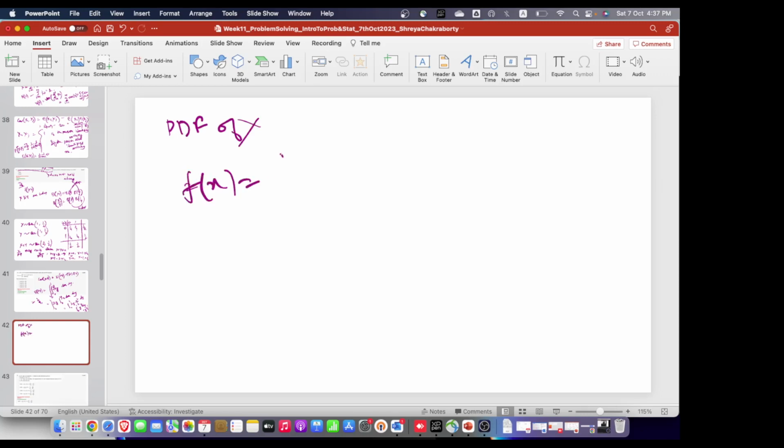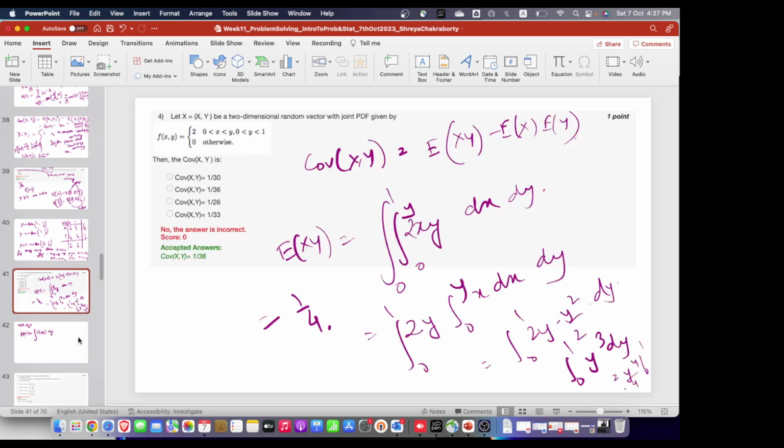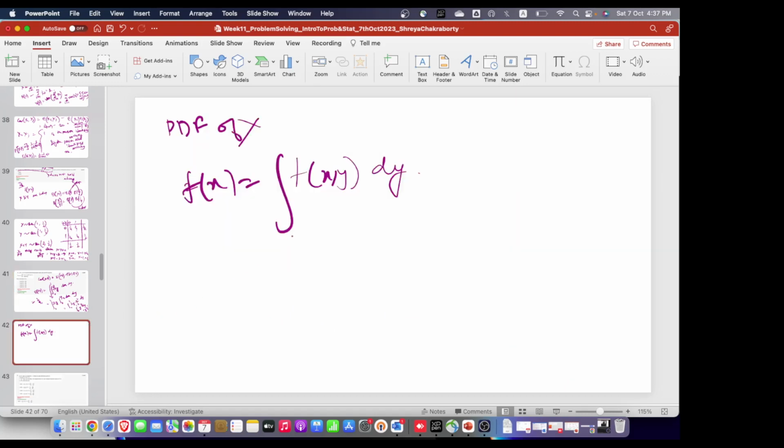f(x) equals the integration of f(x,y) dy. Now y can range from x to 1, so this will be the integral from x to 1 of 2 dy, so it will be 2 into (1 minus x).